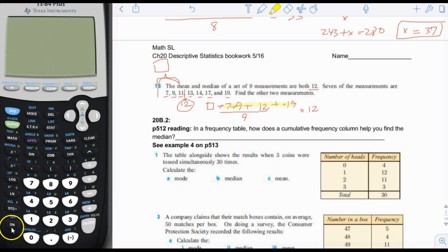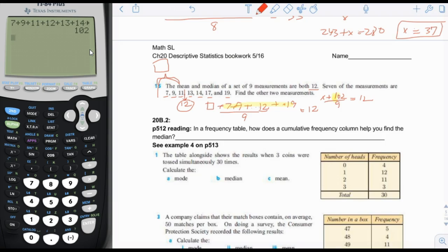So let's add up the numbers. 7 plus 9, blah, blah, blah, plus 19. 102. So the yellow numbers are 102. So actually we have x plus 102 divided by 9 is equal to 12. Let's multiply both sides by 9.